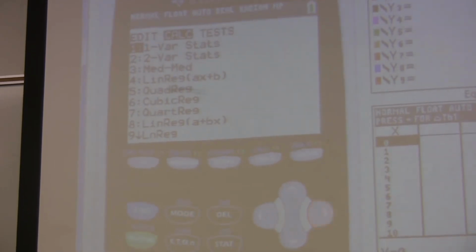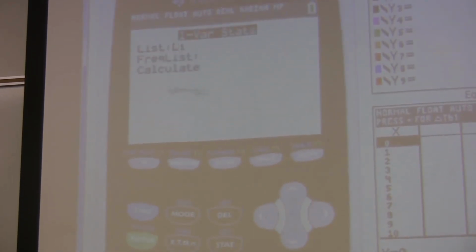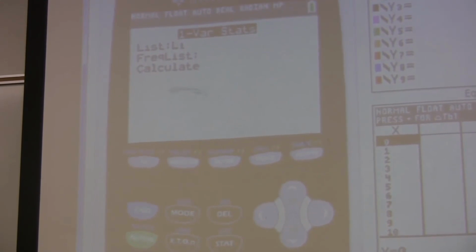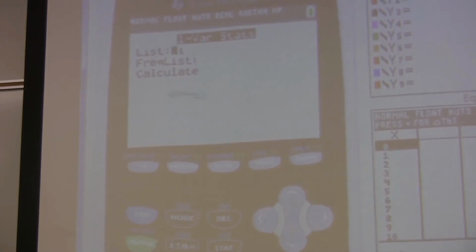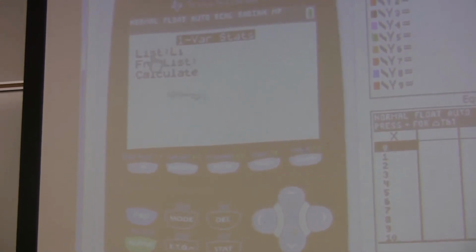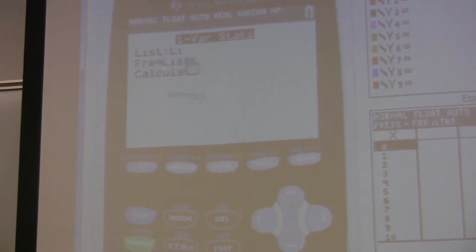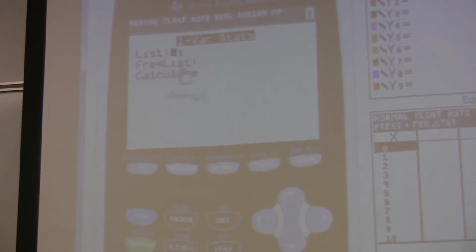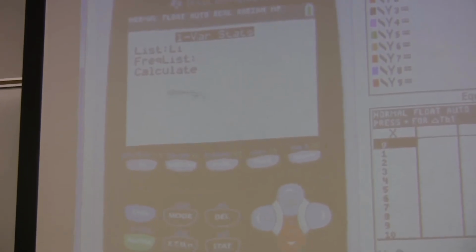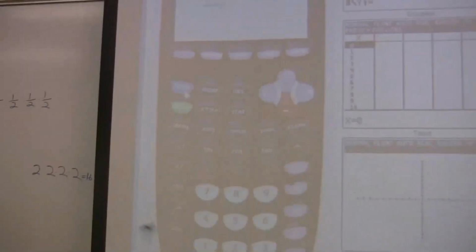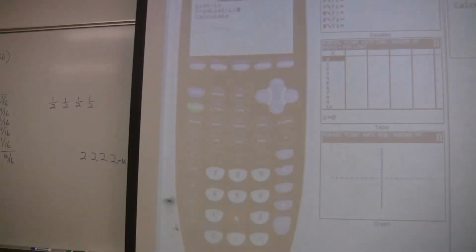Only hit enter once. Now, if your calculator looks like this, we need to tell it that list 1 is my x's, which we already have there. You see where it says frequency list? We know we need to tell it to look at list 2. So I'm gonna come down here. List 2 is in blue down here above the number 2. So I have to hit the second and then the list 2.